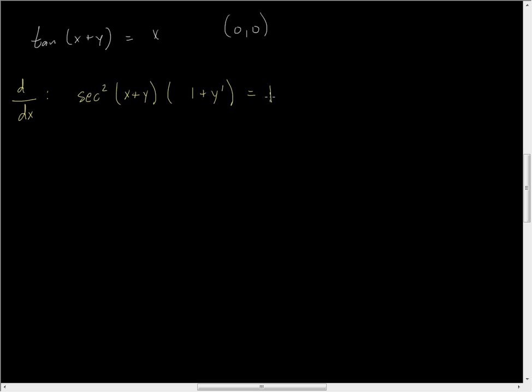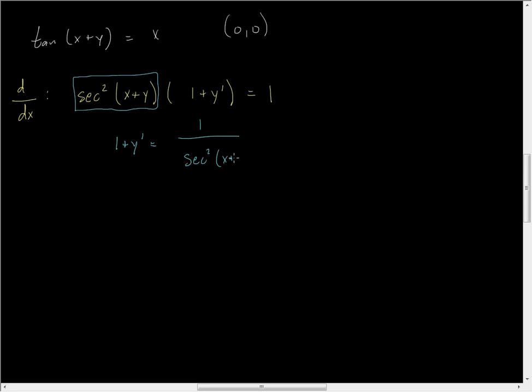Okay, so now we're going to divide both sides by secant squared of x plus y. All right, so we get 1 plus y prime is equal to 1 over secant squared of x plus y.